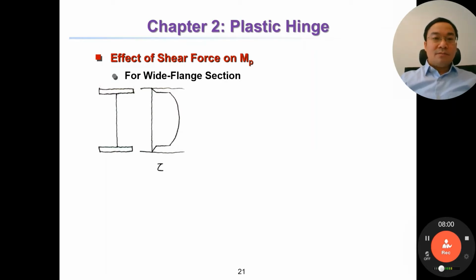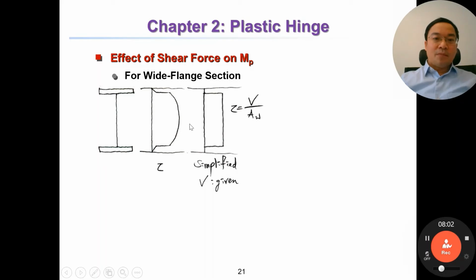So for convenient calculation, a simplified shape is used. In the simplified shape, tau equal to V divided by AW. V means shear force, the given shear force. And AW is the area of the web, the section area of the web.